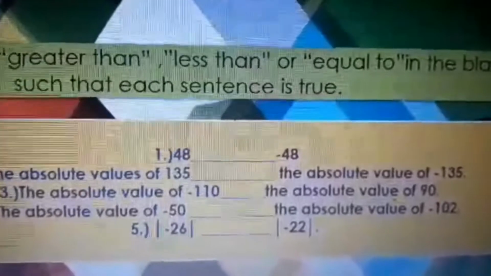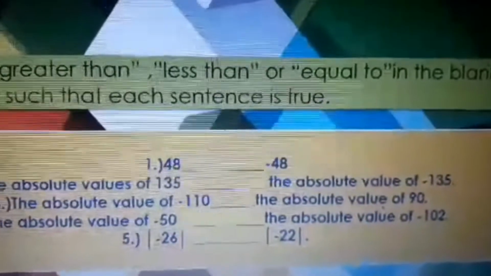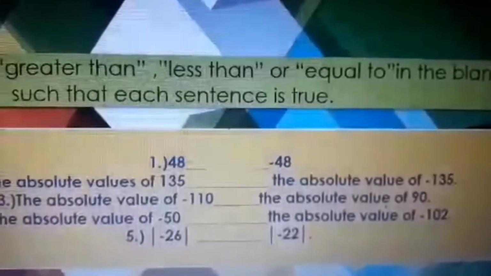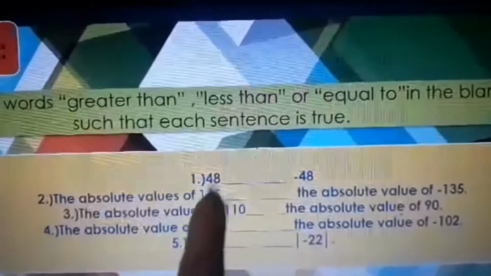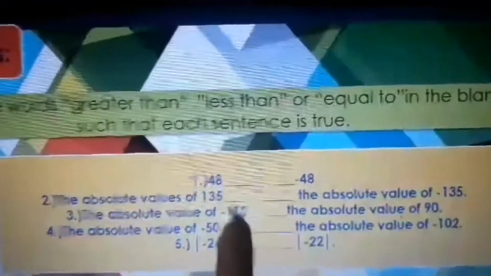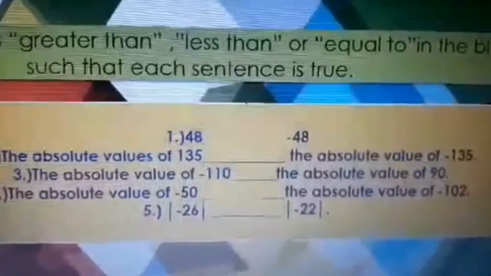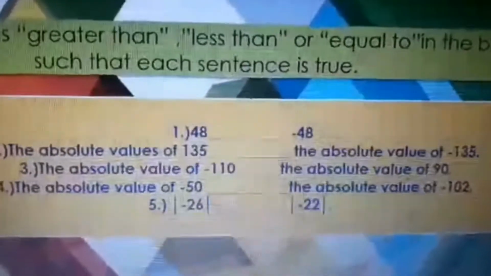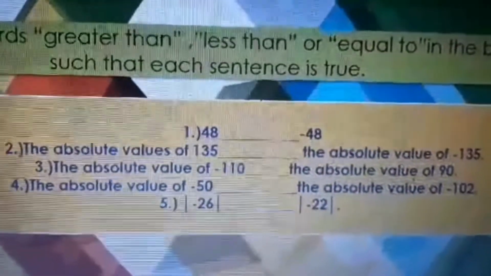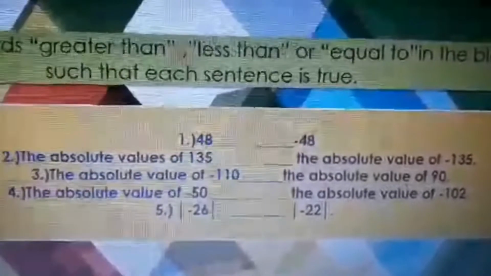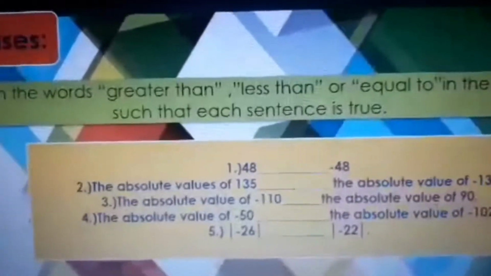Number 3, the absolute value of negative 110 is greater than the absolute value of 90, because the absolute value 110 is the highest number. Number 4, the absolute value of negative 50 is less than the absolute value of negative 102. Next, number 5, the absolute value of negative 26 is greater than the absolute value of negative 22.